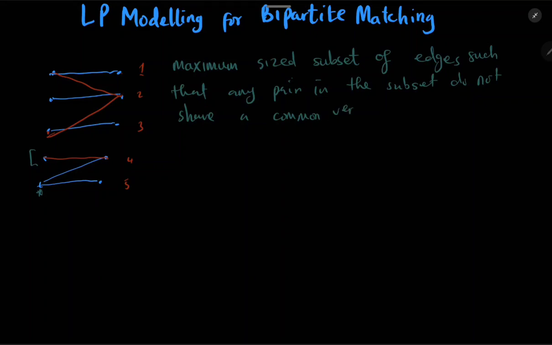So our goal when we use LP modeling for bipartite matching is to maximize this subset of edges that do not share a common vertex.